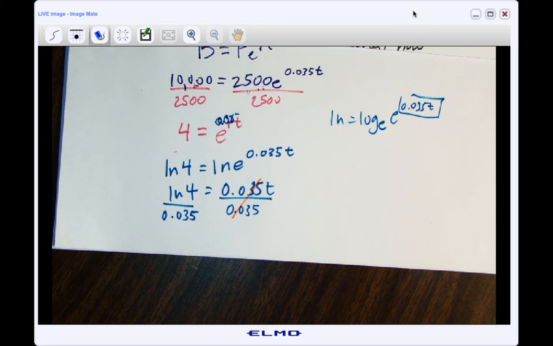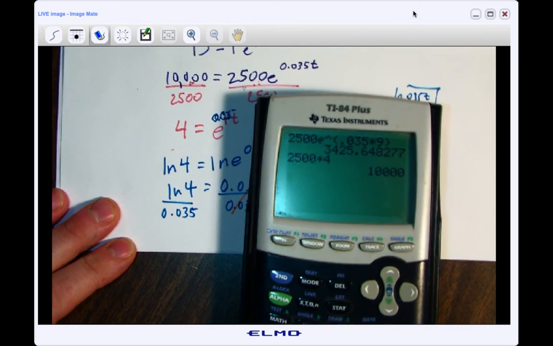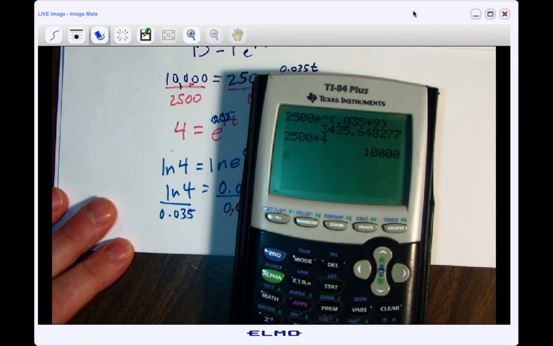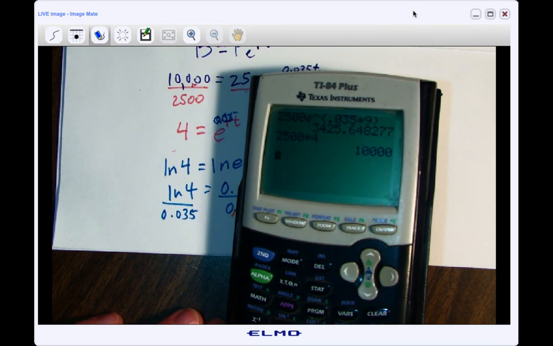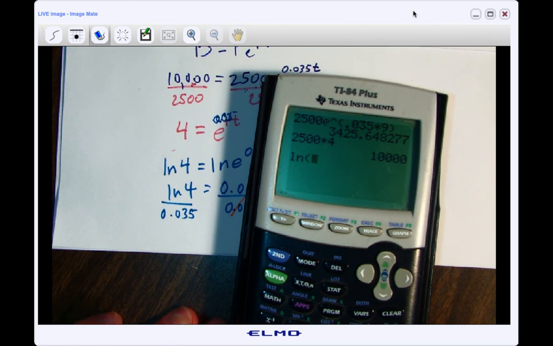So if you told me the number of years was ln 4 over 0.035, I'd probably be very upset with you as a normal human being, right? Because that's annoying for you to say to me. So since I want to actually know how many years it is, I'm going to figure it out. But if I were going to use this in a formula or something later, I wouldn't convert it.